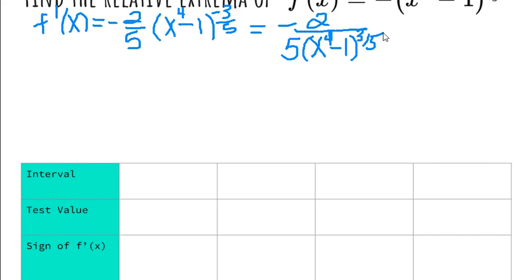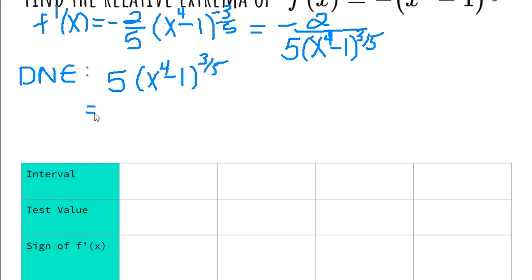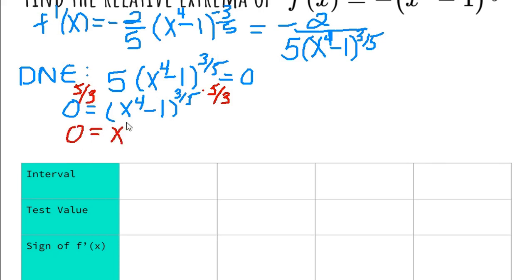So what I'm going to do is see where it DNEs. F prime of x DNEs when the denominator is 0. To get rid of the power, I'm going to raise both sides to the 5/3. But 0 to the 5/3 is still 0. So I'm going to add 1.